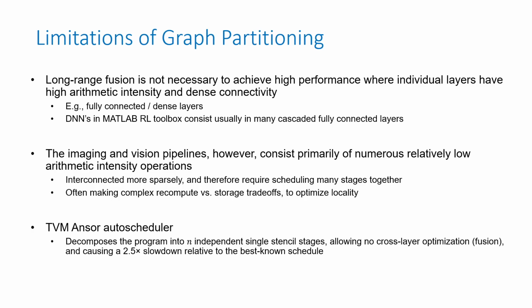In that case, using the compute at the partial fusion can be more convenient, and you have to navigate through the triangle trade-off of redundancy, locality, and parallelization. So it's quite convenient using Halide here, and that's what Halide was made for. It's a domain-specific language for image processing. And they mentioned that the TVM autoscheduler does not do cross-layer optimization, this fusion, and is slower because of it.